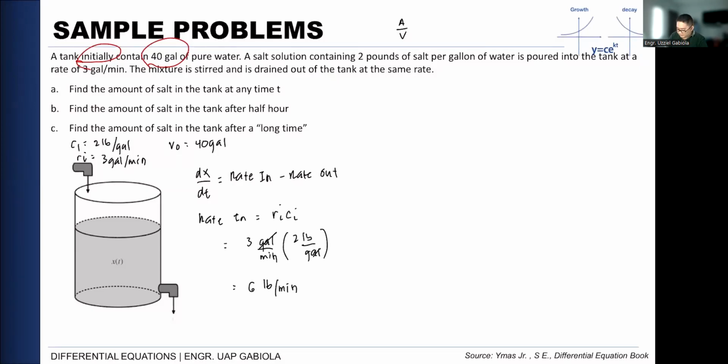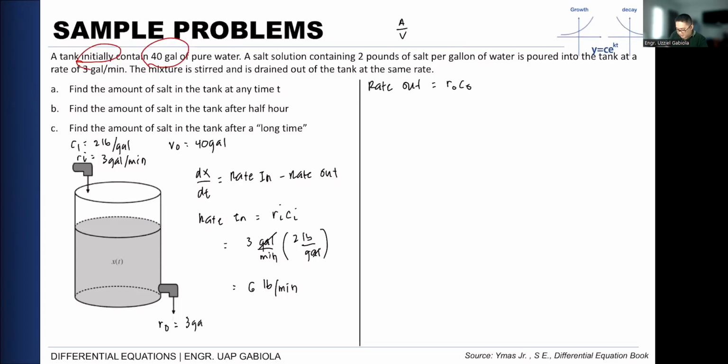Next is rate out. Dito na lang natin lagay. Rate out is equals to Ro Co. So dito lagay natin yung Ro daw natin, same rate nung flow rate natin, ano?